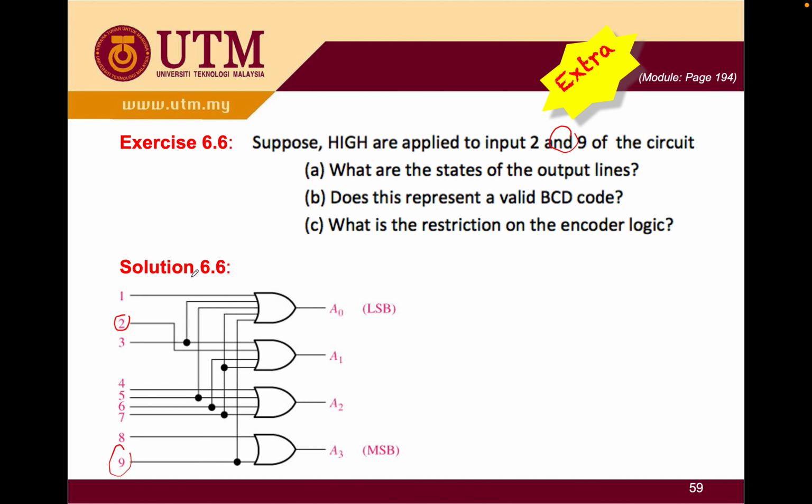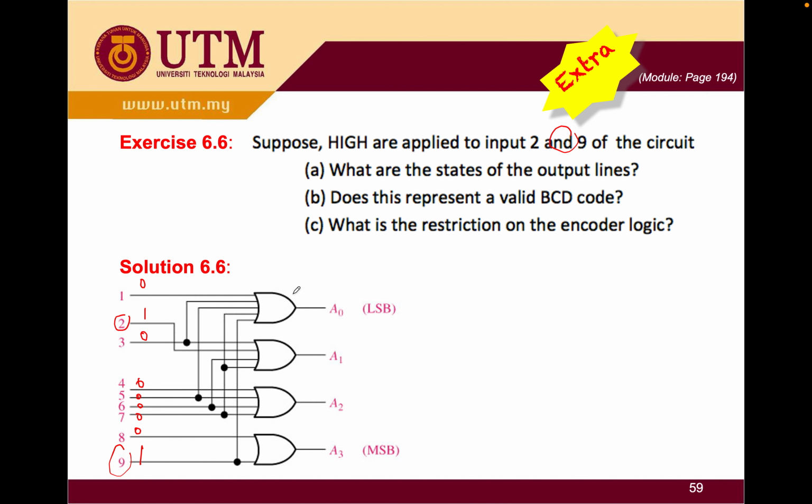Okay, in here you can try to put in the value. Let's say 0 1 0 0 0 0 0 0 1. Try in your DIT simulator, draw this circuit, or maybe you can just easily get the value. Can you get the output? Let's say I do this one.